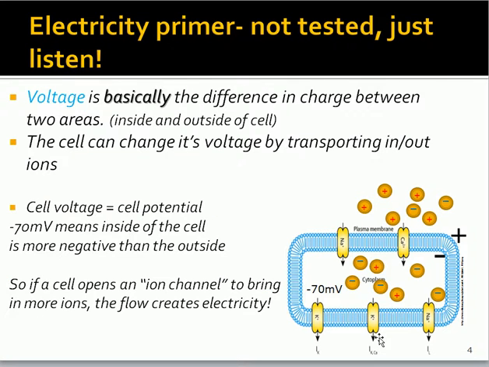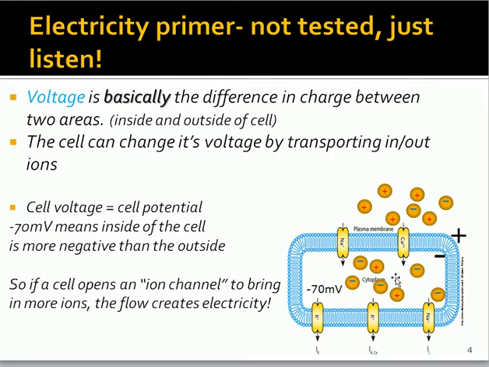So you know what electricity is. And in a neuron, electricity is the movement of ions. That's the movement of charge. So what's voltage? Voltage is any difference in charge between two areas. So for neurons, we're saying the charge on the outside of the neuron versus the charge on the inside of the neuron. So what is the charge on this one?